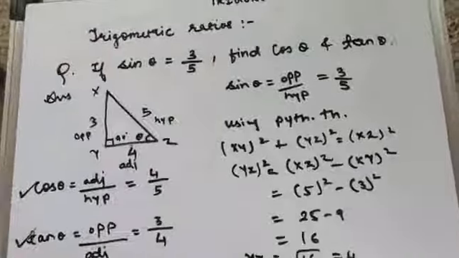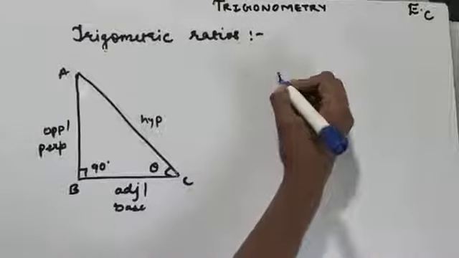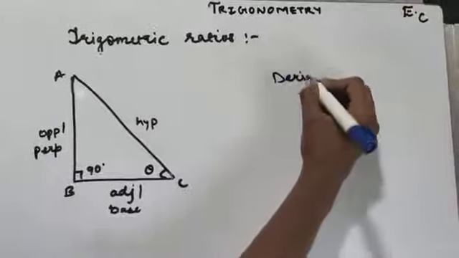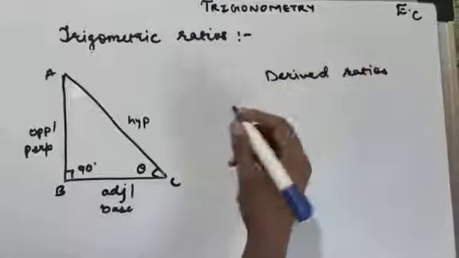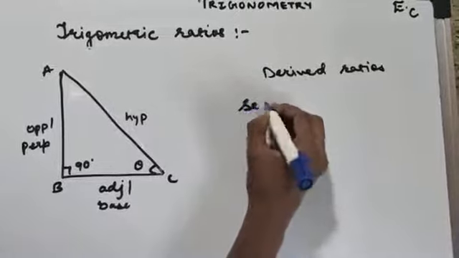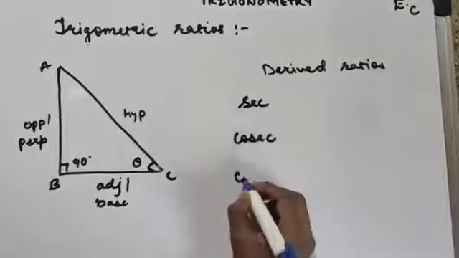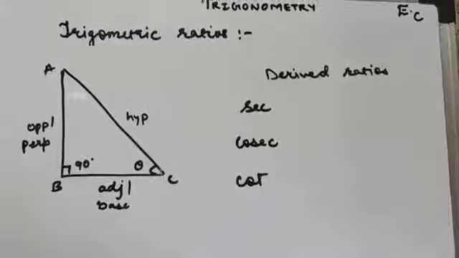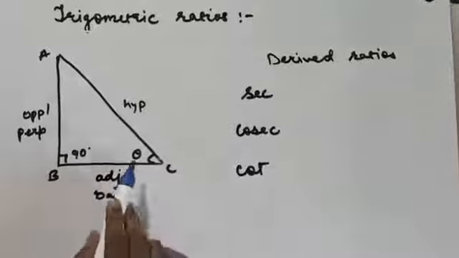Okay, now we'll be learning the derived trigonometric ratios. So derived ratios, which are sec, cosec and cot. So let us find out these trigonometric ratios with respect to theta.